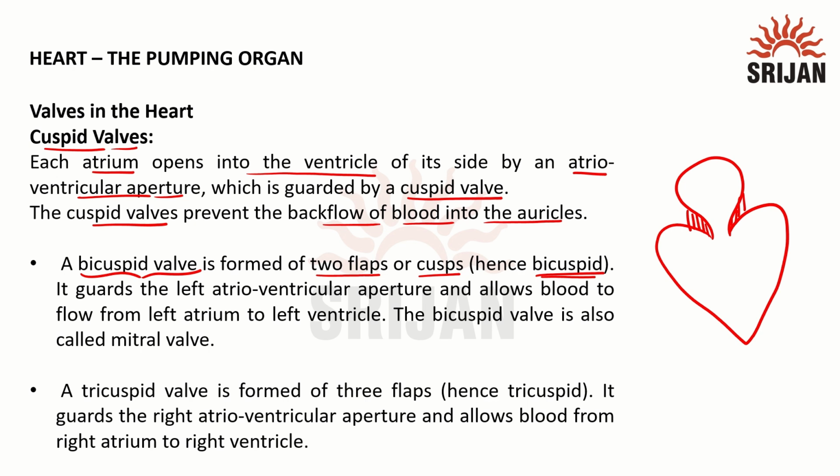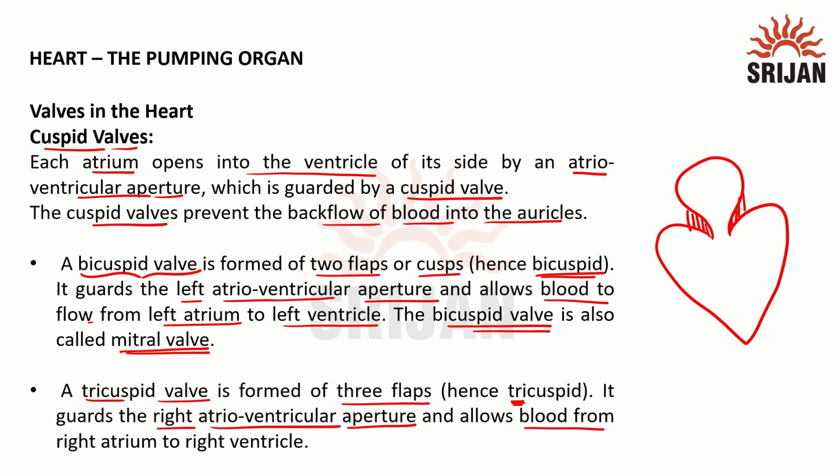It is guarding the left atrioventricular aperture and allows blood to flow from left atrium to left ventricle. The bicuspid valve is also known as mitral valve. Second valve is the tricuspid valve made up of three flaps, hence tri. Tri means three, cuspid. It guards the right atrioventricular aperture and allows blood from right atrium to right ventricle.